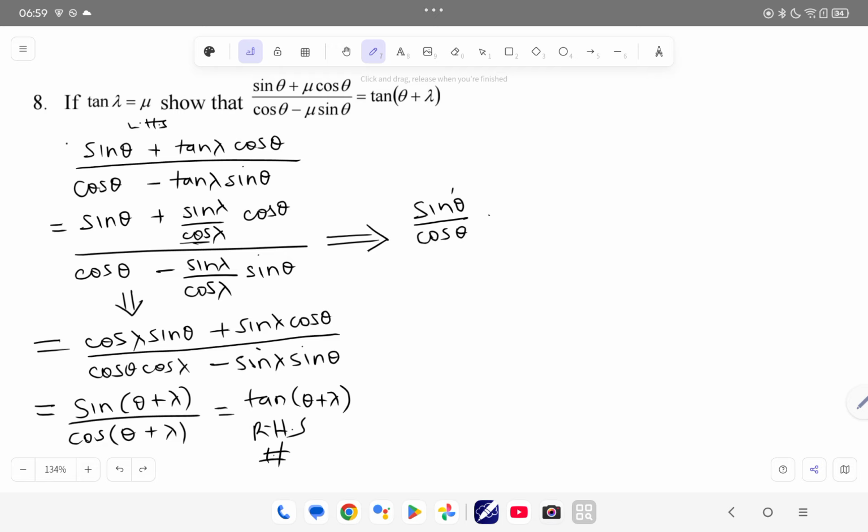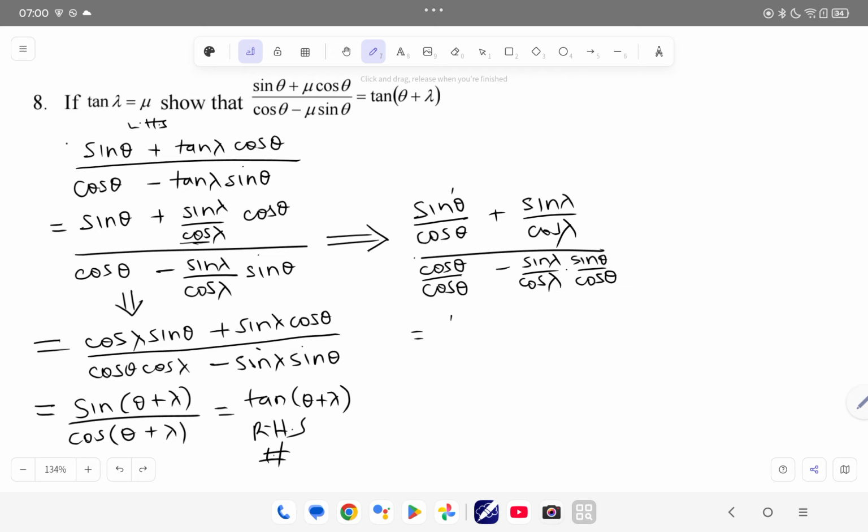I'm dividing every term by cos theta: sin theta over cos theta plus sin lambda over cos lambda, out of cos theta over cos theta minus sin lambda over cos lambda times sin theta over cos theta.